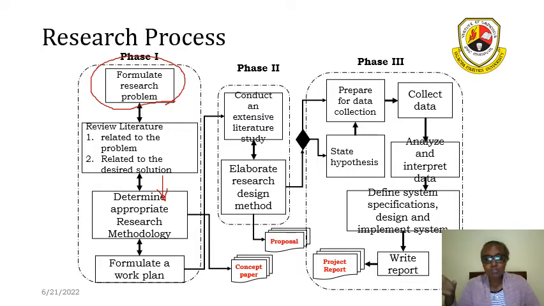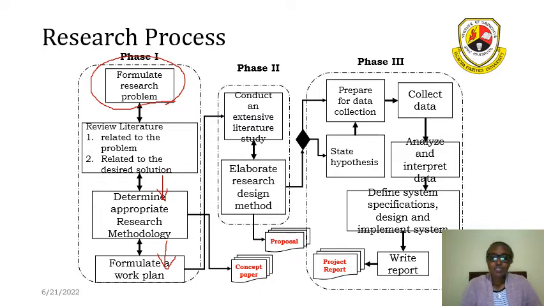Those are tools. They are not a research method. Once you've identified that, you develop what we refer to as a research work plan. We shall touch on this as we go through the research process.